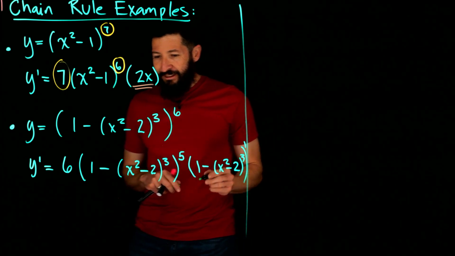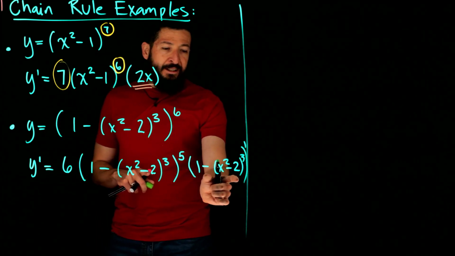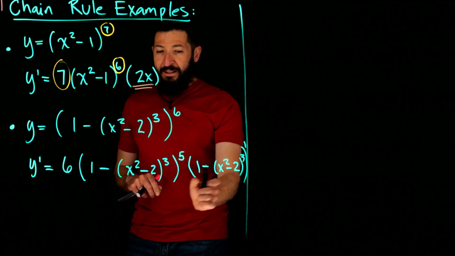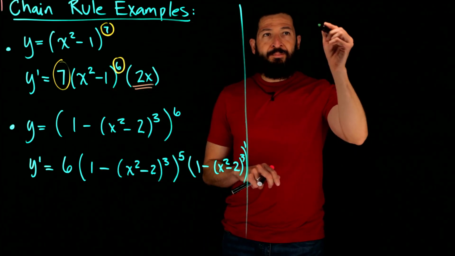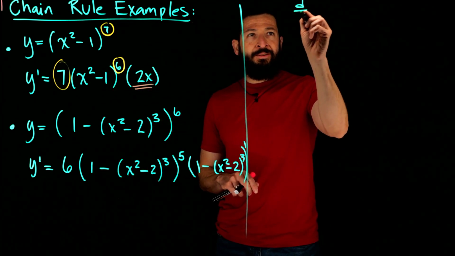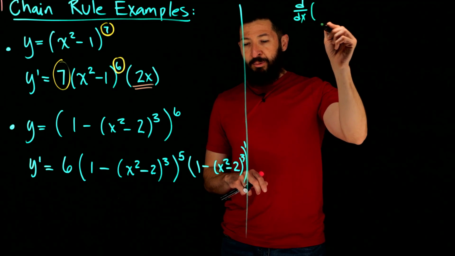However, let's continue. I now need to take the derivative of this here. Let's take a look at what that derivative would look like. I want to do it here on the side. So let's take a look at the derivative of that expression.